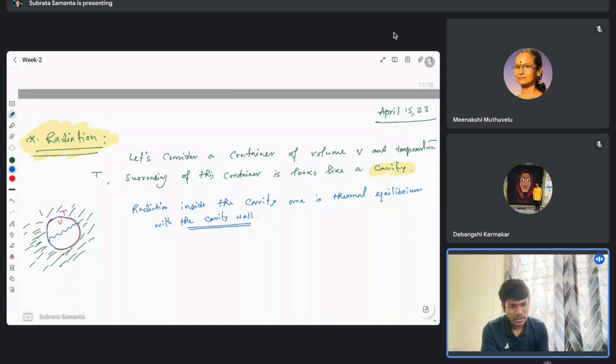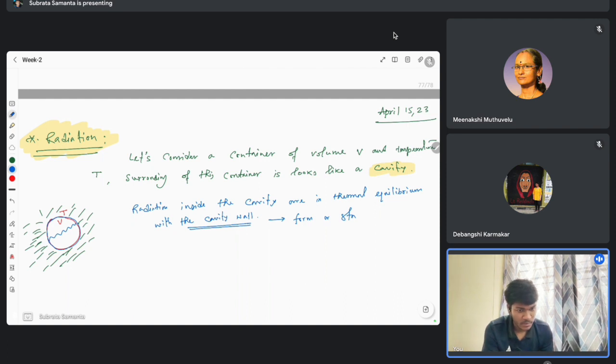We consider the cavity as a thermodynamical system, and the surroundings, both held at constant temperature T. That means they are in thermal equilibrium, and the radiations are also in thermal equilibrium. That means they form standing waves. So this radiation is a kind of wave, and due to this thermal equilibrium, they form standing waves.